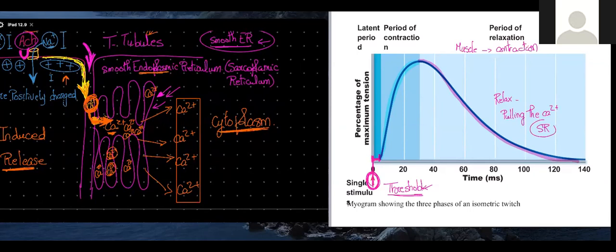All right, so here I released the calcium from the sarcoplasmic reticulum into my cytoplasm. This is what causes the sliding filament mechanism. And during the relaxation phase I will be pulling this calcium back into the sarcoplasmic reticulum, allowing the troponin to hide with the tropomyosin the binding sites on the actin subunits.